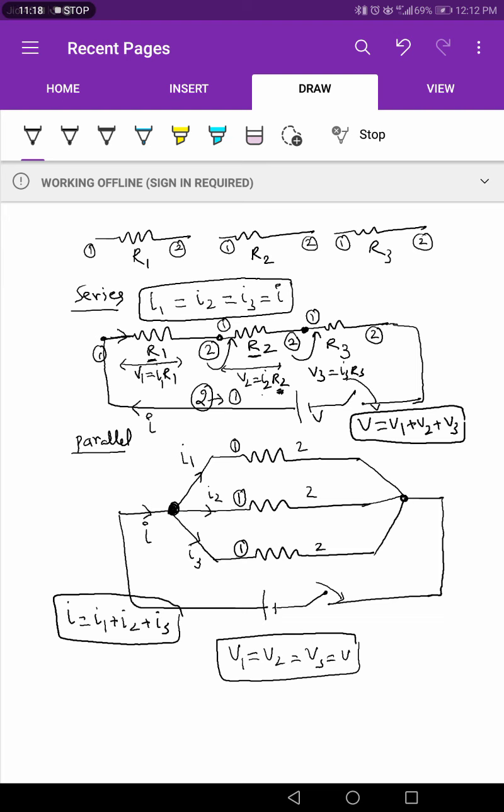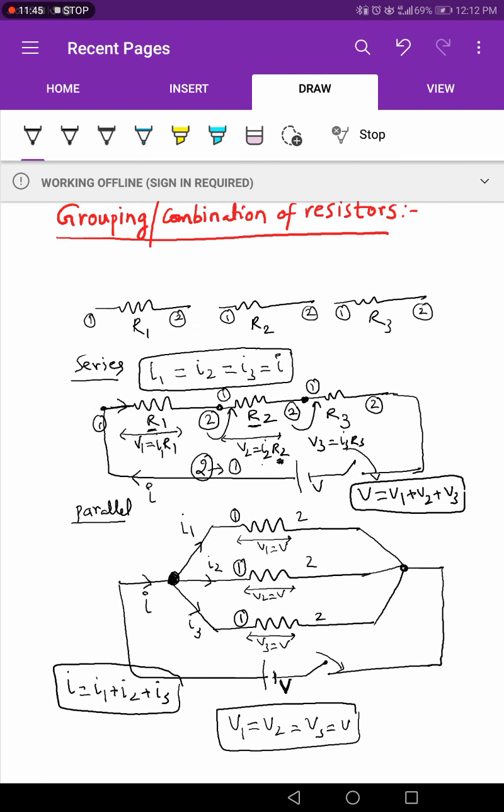But the potential drop across each resistor will be the same as the potential across the cell. If the potential of the cell is V, then the potential drop across the first resistor is V, the second resistor is V, and the third resistor is also V. The potential drop is the same. So these are the basic points.